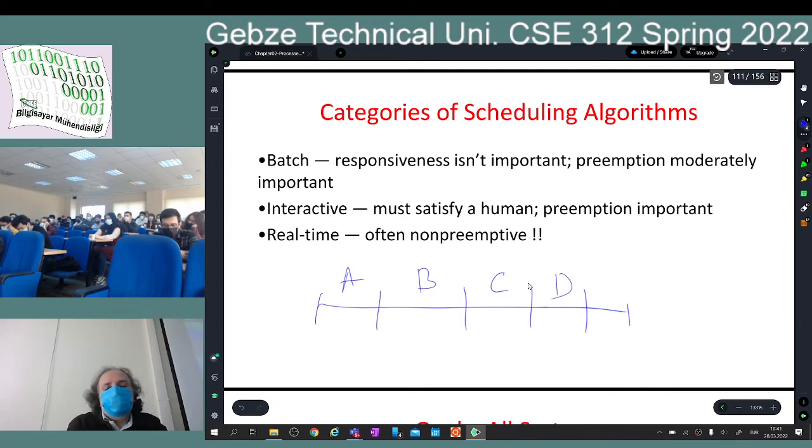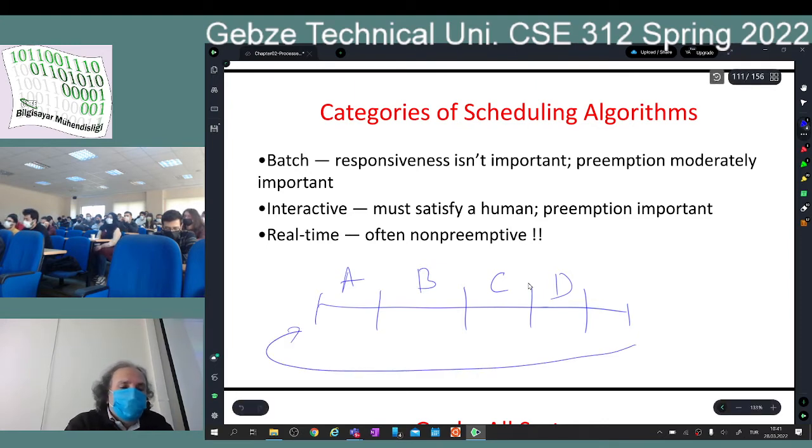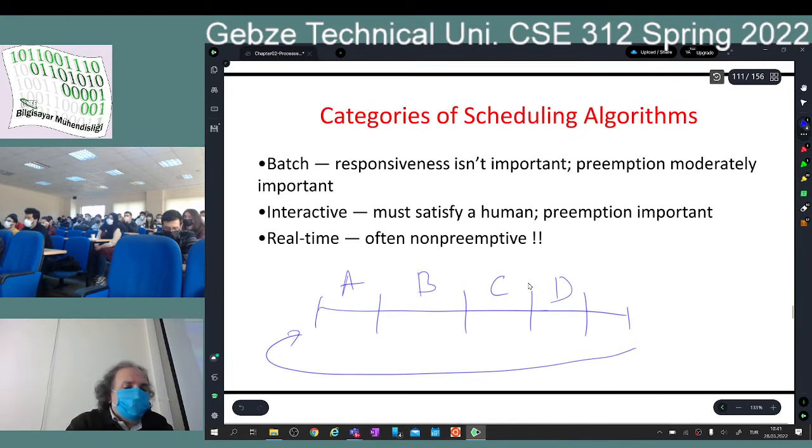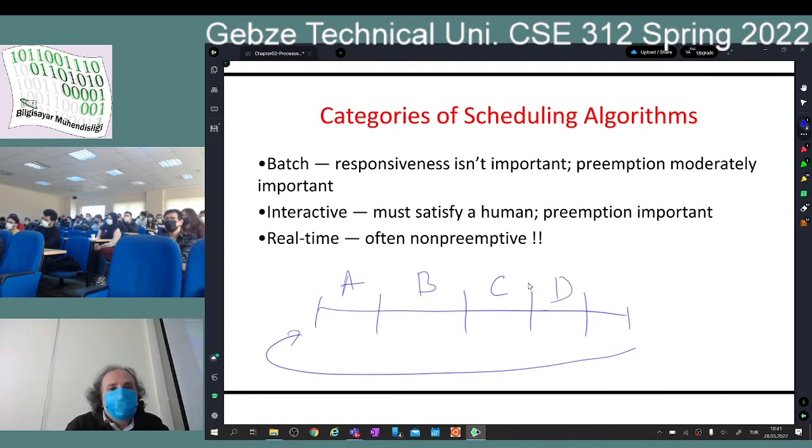I am keeping it empty in case something happens. And I'm going to do this over and over again for each second. Of course, between these, the operating system takes over. So for these kinds of systems, we don't talk about preemption because every process has its own time slot already. Okay, so these are some of the categories of the scheduling algorithm.